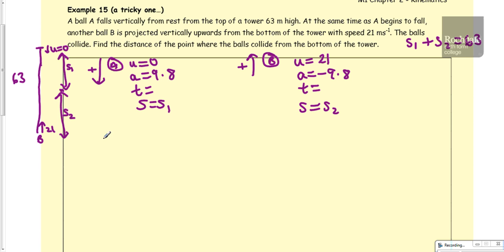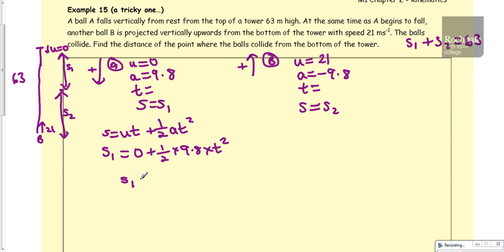Well, for the first ball, using s equals ut plus a half a t squared. S1, the distance that that ball has gone down, ut, well, u is 0, so this will be 0. And then we're going to add a half times a times t squared. So simplifying that, we know that S1 is 4.9 t squared, but that's about as far as we can go.